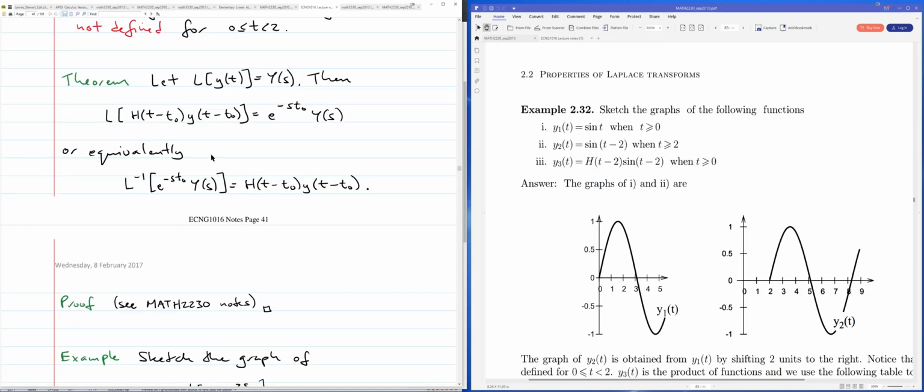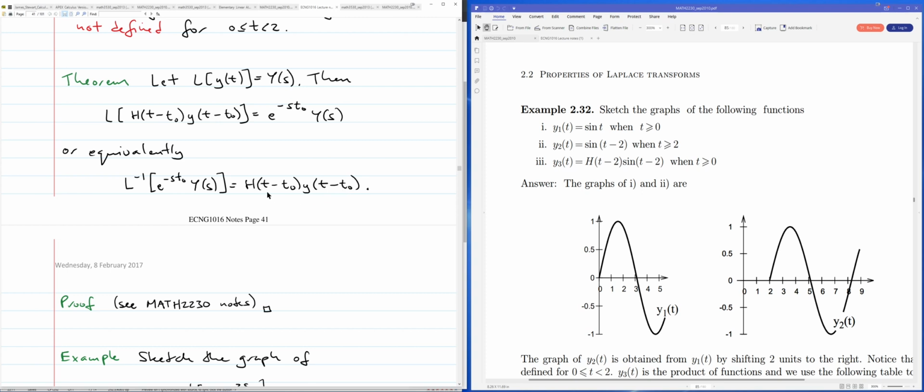Your formula for shifting the t variable would be this formula here. Similar to shifting the s variable, you have a version for Laplace and a version for inverse Laplace. Notice that both of these involve this expression, which is a Heaviside times a function of t, and this function of t is shifted.